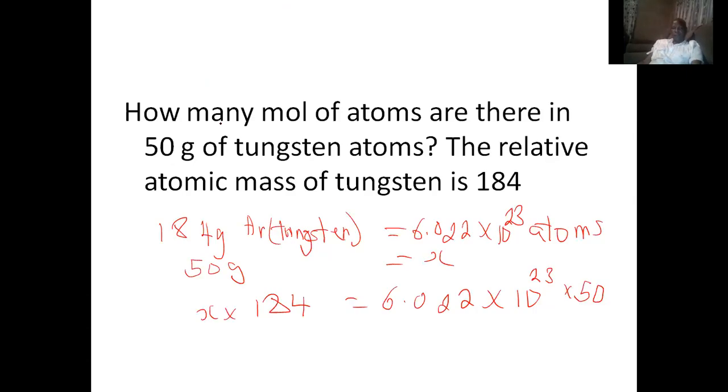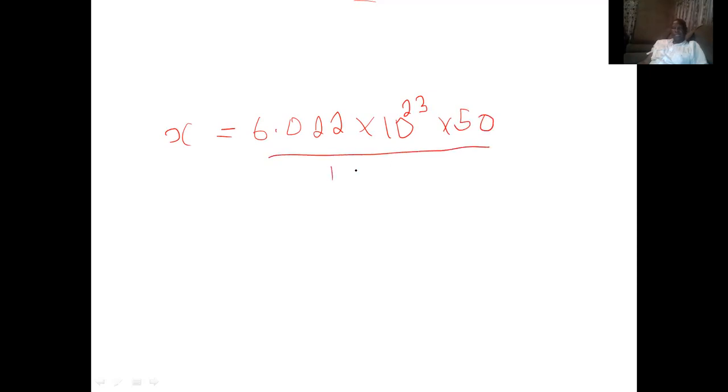And so X is equal to 6.022 multiplied by 10 to the power 23 multiplied by 50, divided by 184.